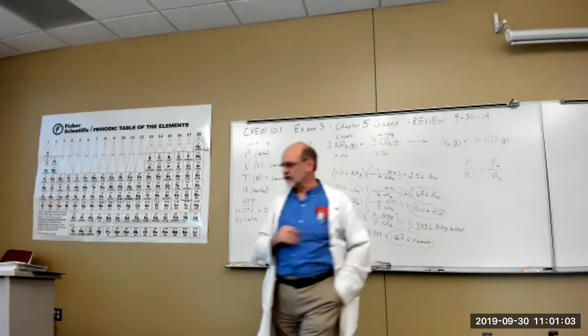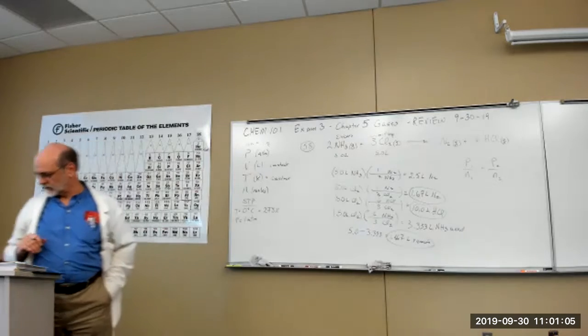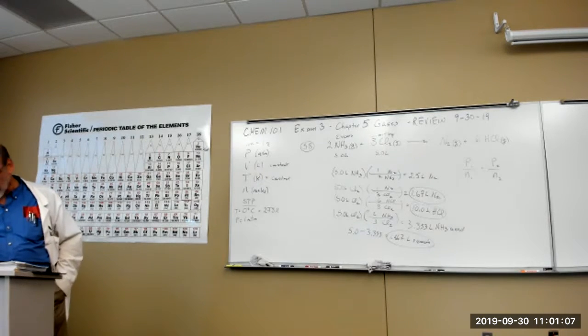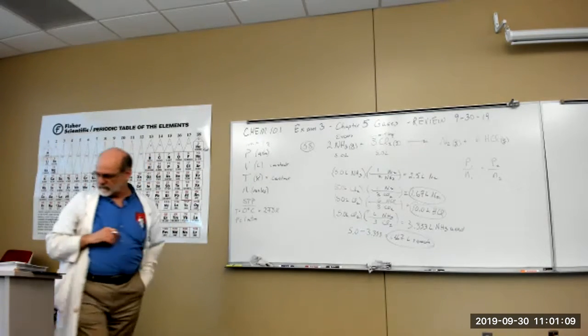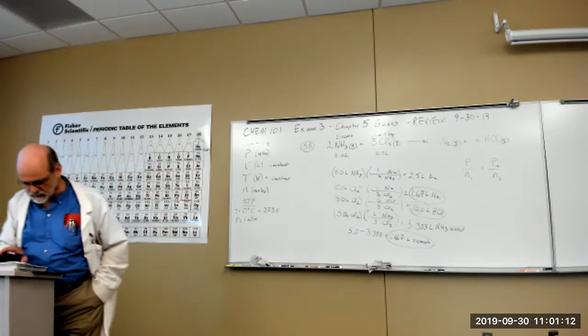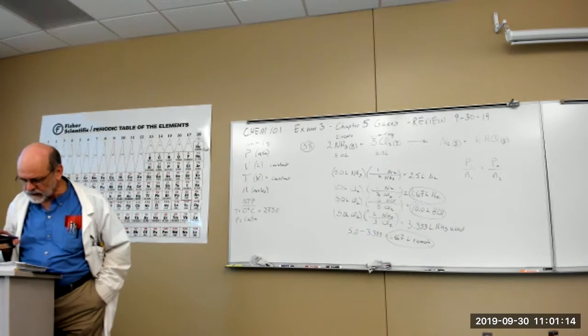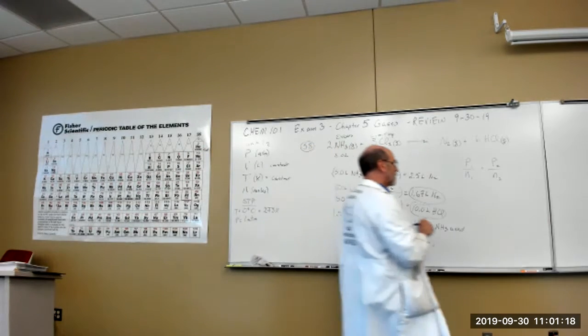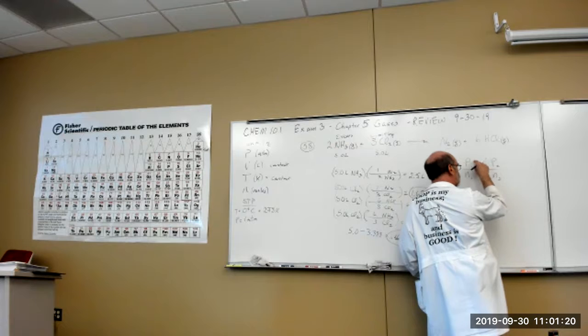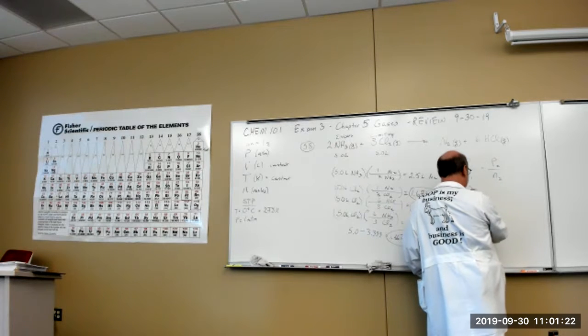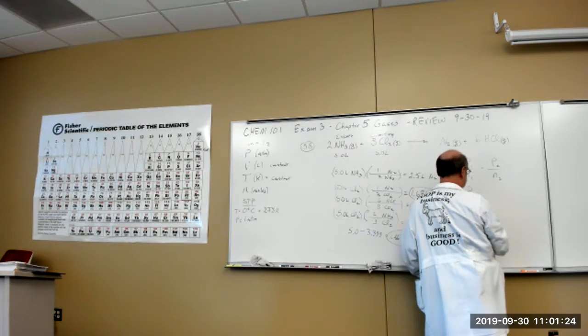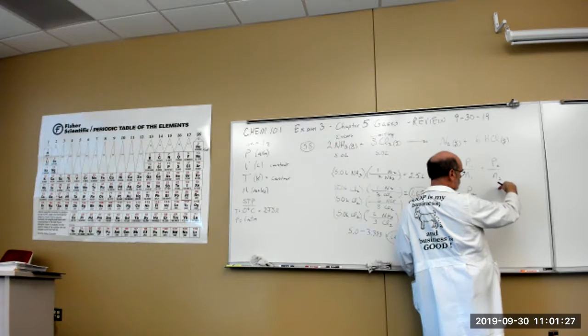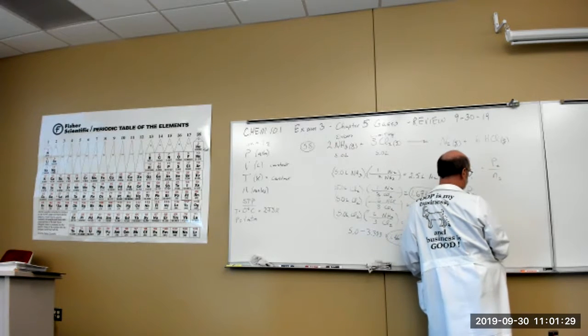But the question asks us for the ratio of the pressures, right? Let me get this wording correctly. Calculate the ratio of pressures, P final over P initial. This is P final, that's P initial. So it would be that one divided by this one, which means that one came over here. And I'm just flipping it.